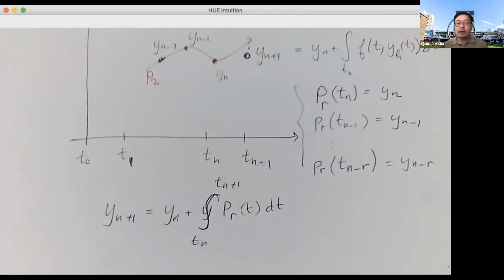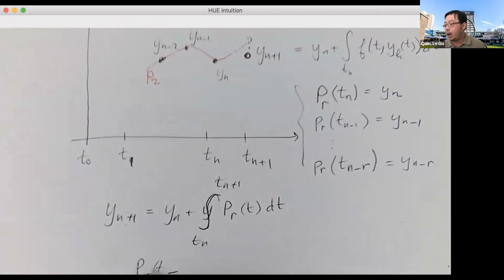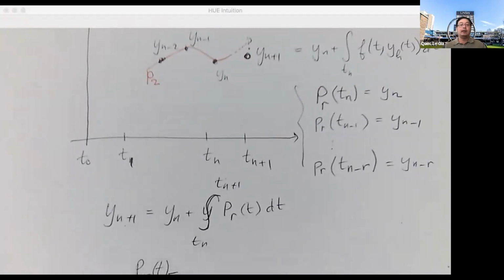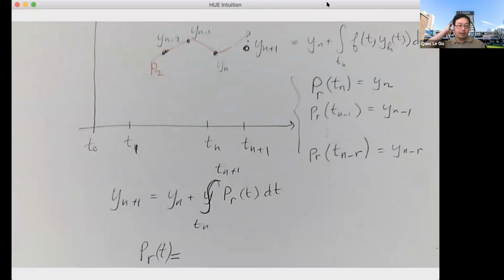If I choose PR to be the Lagrange polynomial, then I get PR. Remember, PR is just a function of t. Then what is the polynomial? Well, because it goes through yn, you get yn L of something, right?